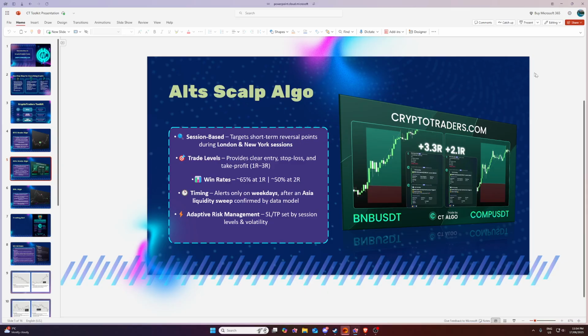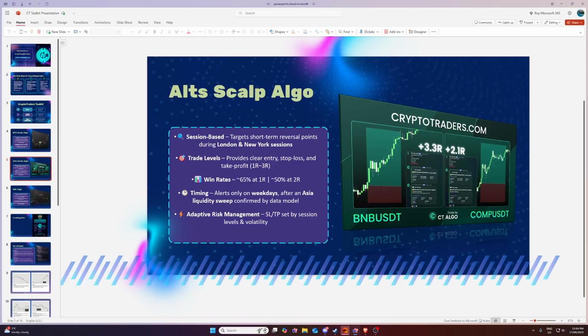The idea behind this algorithm is that it marks out the Asia session high and low, and then during the London and New York session, if the Asia high or low is swept, it then monitors the market for a confirmed trade entry, and this confirmation is sought through a sort of data-driven approach. Each altcoin has its own parameters for how much confirmation is needed before an alert is sent out.